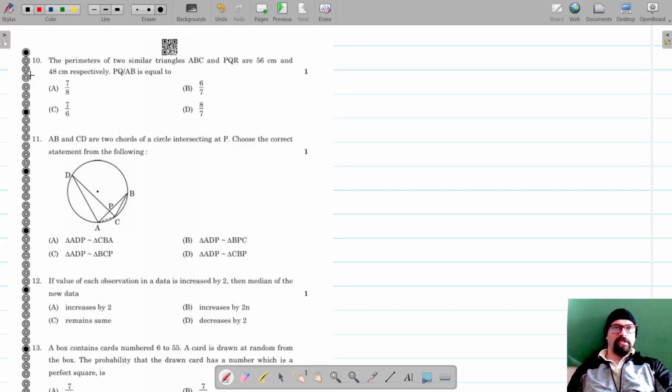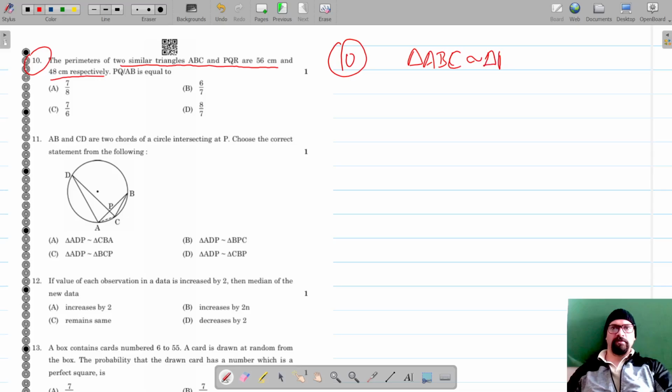For question number 10, it's given that the perimeters of two similar triangles ABC and PQR are 56 and 48 centimeters respectively, and triangle ABC is similar to triangle PQR. Now, we know that when two triangles are similar, the ratio of their perimeters is equal to the ratio of either pair of corresponding sides.